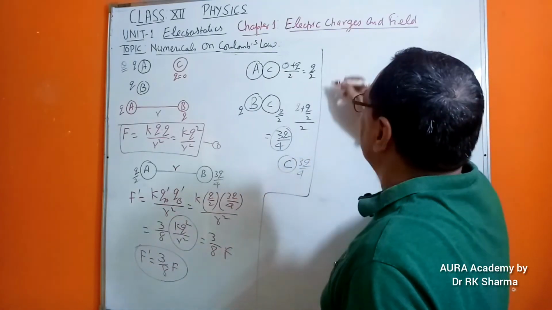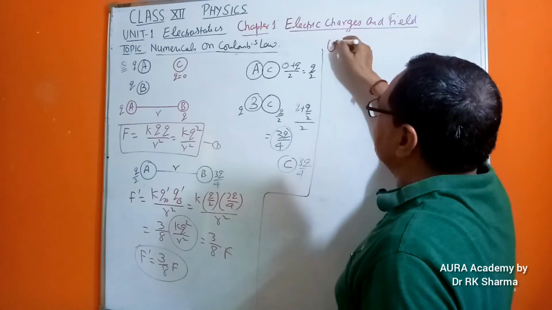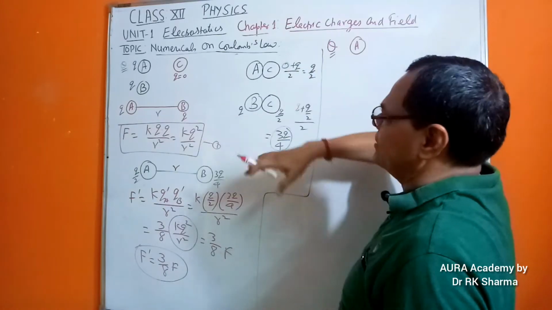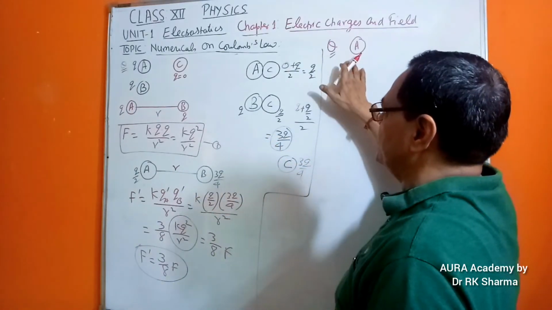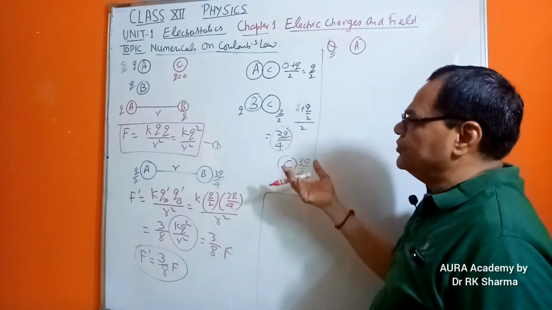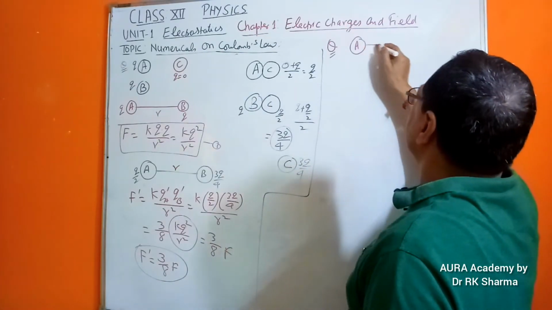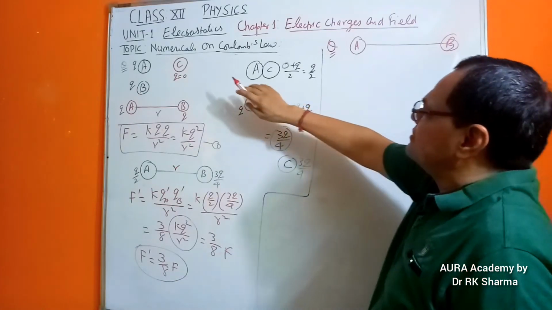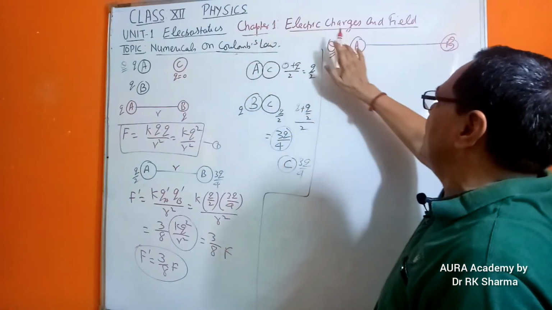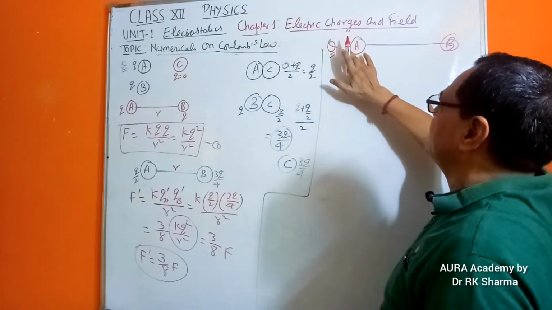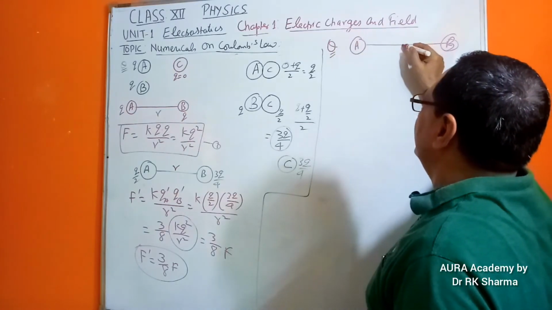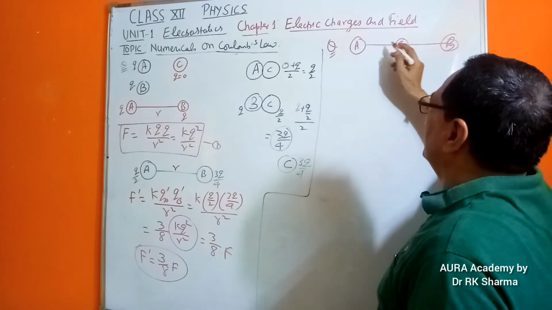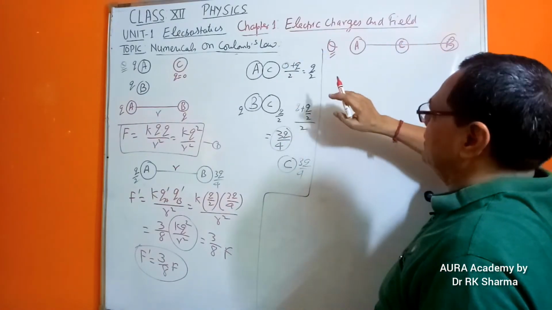So this is a new question basically. I am repeating, what is the new question? Find the new force at, let me draw this, when this uncharged sphere C was touched with A, and placed at some position C here.